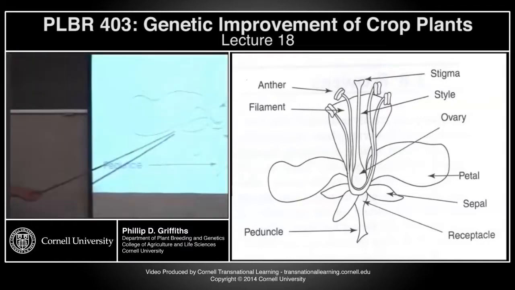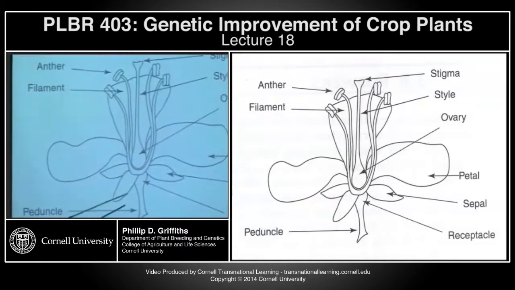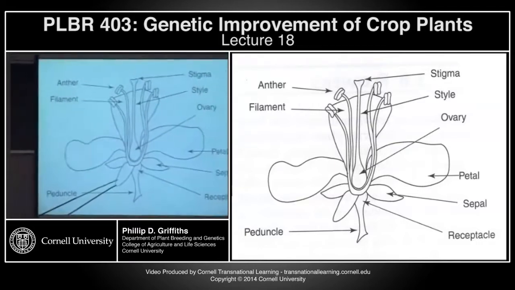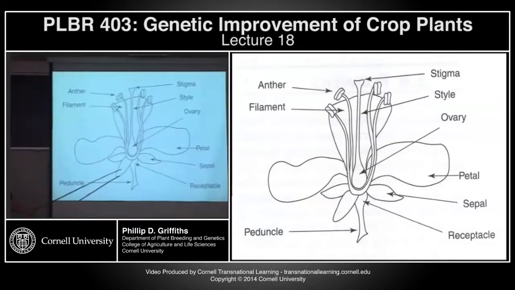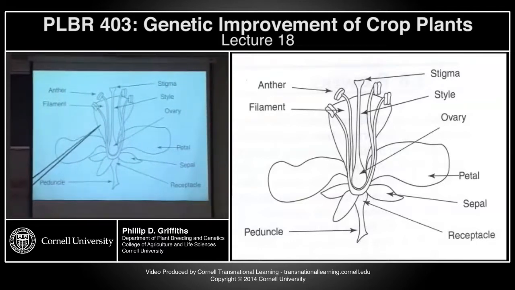This here is what we would describe as a perfect flower, in that it is hermaphrodite, having male and female parts, the stamen being the anther and filament, and the carpel being the pistil and the ovary, and then it has the petals and the sepals. So a perfect flower has all four of those components: carpels, stamens, petals, sepals. This would be the case in something like a tomato. In the case of corn, it would be imperfect flowers.